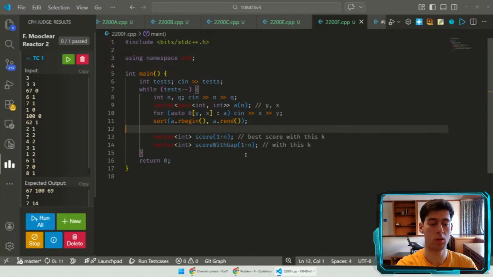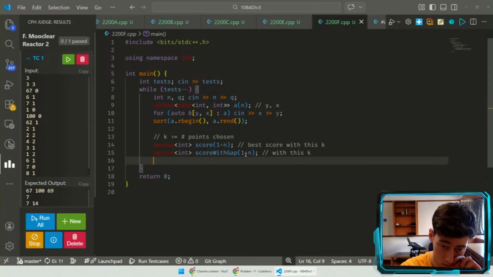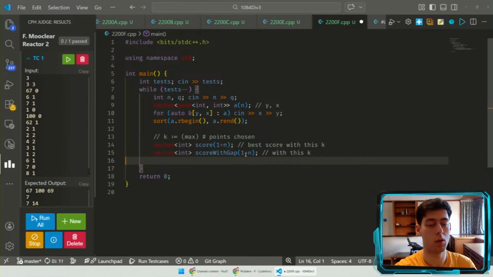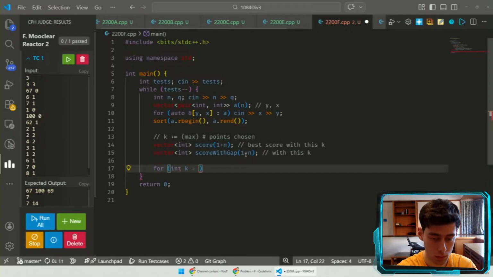So K is, okay, so we're going to start. So we're going to start with K equals N. This allows all points to be chosen in theory, but some of them will be restricted because they won't want us to choose them.